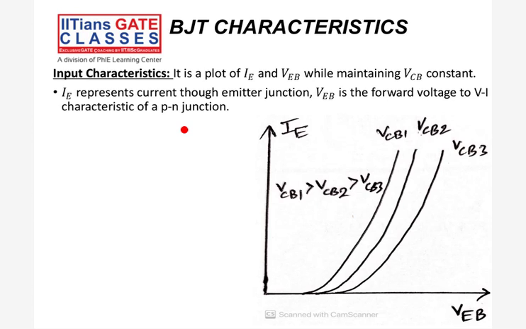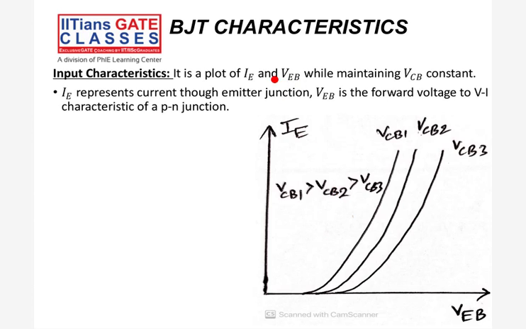VCB constant means output voltage constant, V2 constant. I have already told you, in input characteristic, output voltage will be constant and input current IE will be depending on input voltage VEB. So this is the diagram.